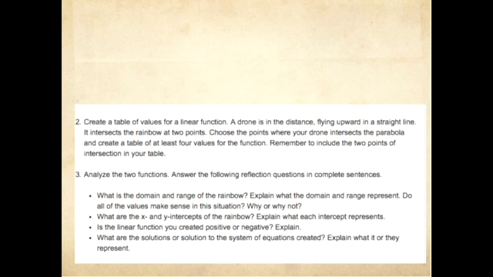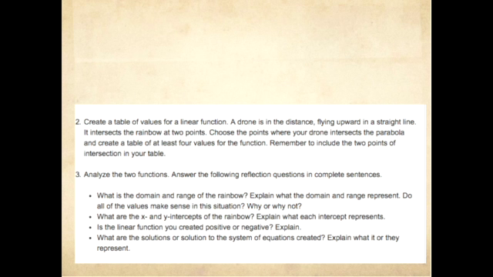A drone is a non-manned airplane. That means there's nobody actually in the airplane. It is being flown by a controller on the ground or whatever. So it's an RC, it's remote control.